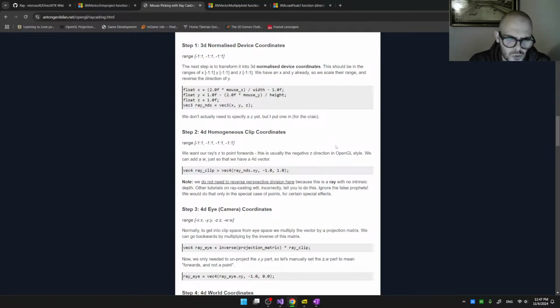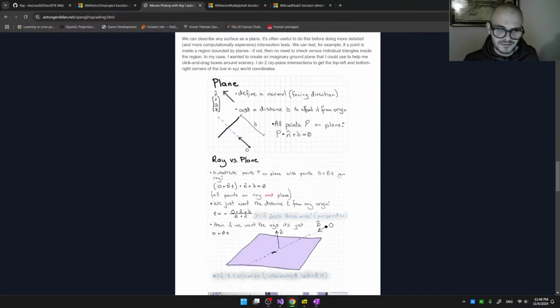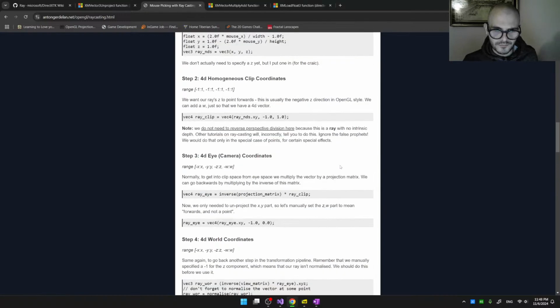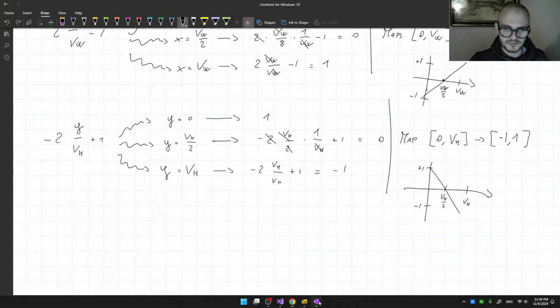Okay, so since this is a ray with no intrinsic depth, we don't need to use perspective division. Taking it at face value, yeah, okay, I mean, if you say so.